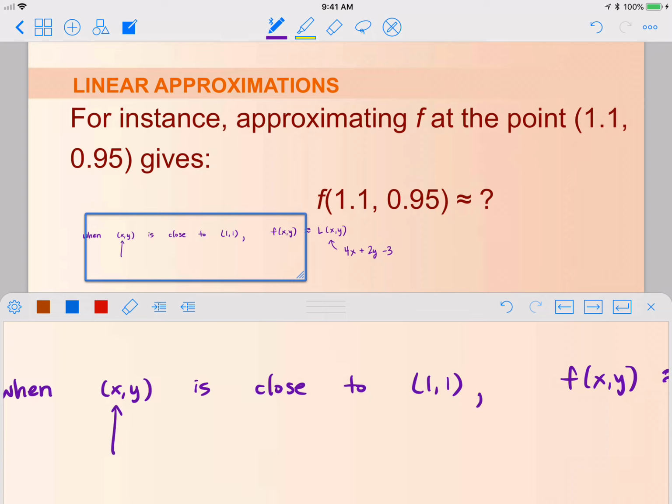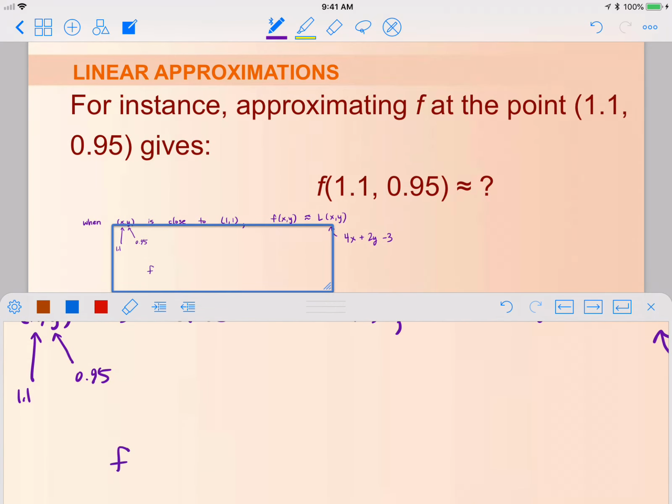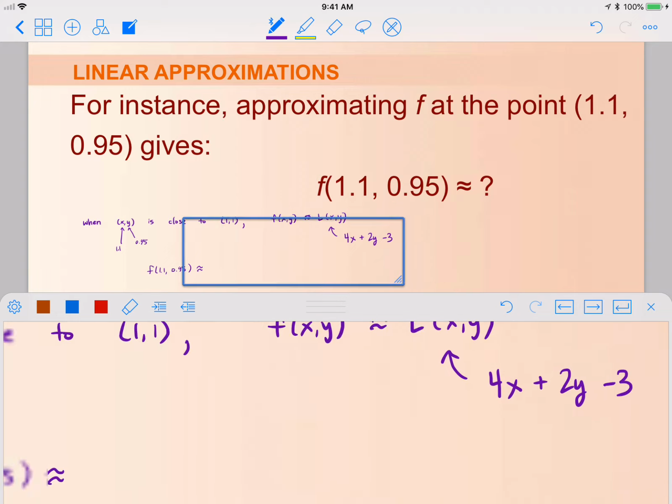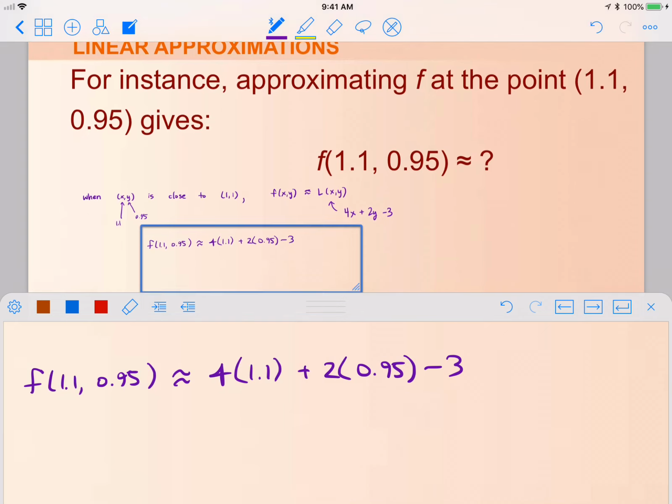We're concerned with x equal to 1.1 and y equal to 0.95. So f(1.1, 0.95) is approximately 4 times 1.1 plus 2 times 0.95 minus 3.